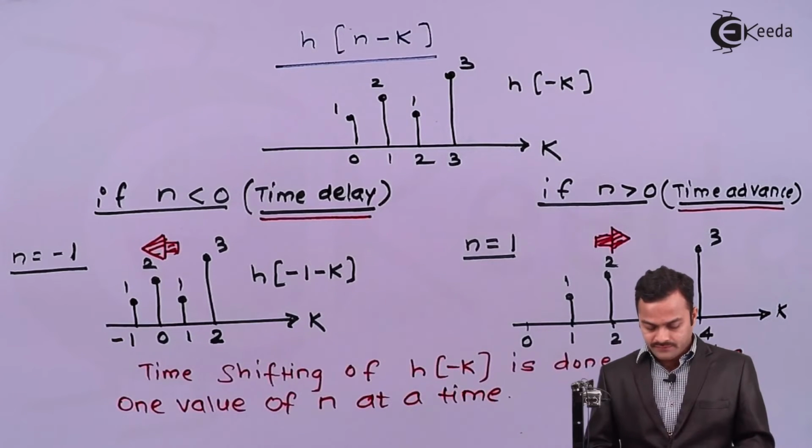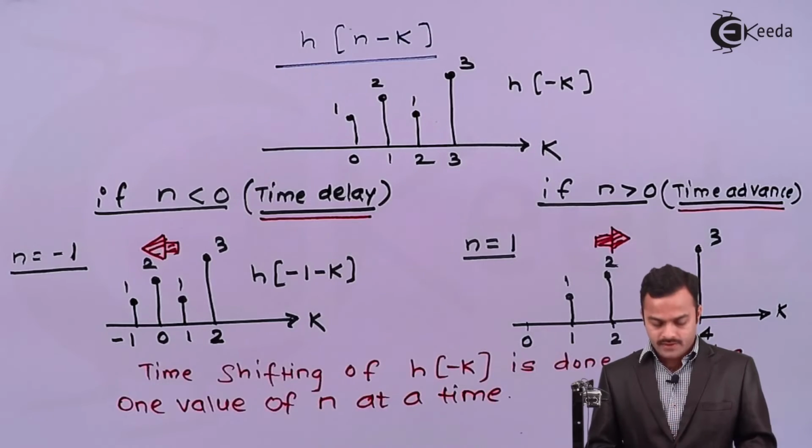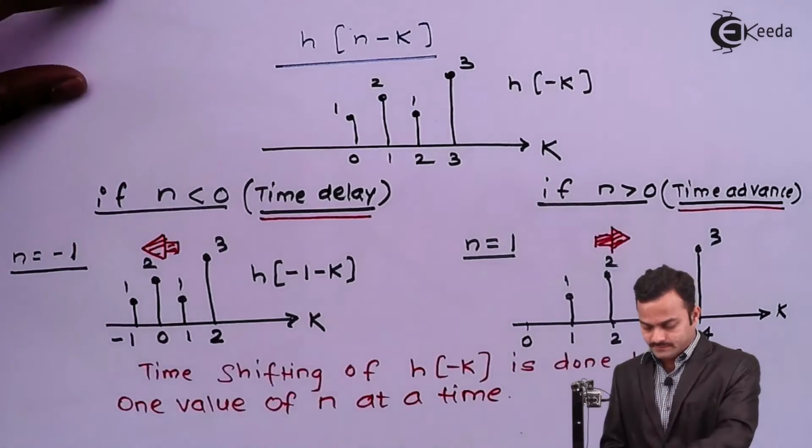So whenever we are doing a shifting, now we are ready to get y of n for every shift of n.